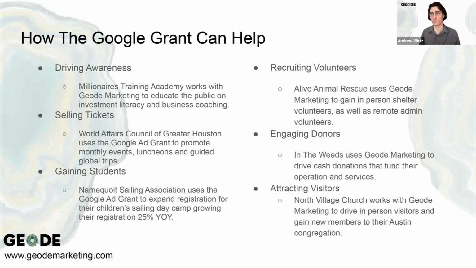All right, so I see a question here about whether healthcare is eligible. 501c3 organizations, yeah, there's a few exceptions. So all 501c3s are eligible except for universities and education.